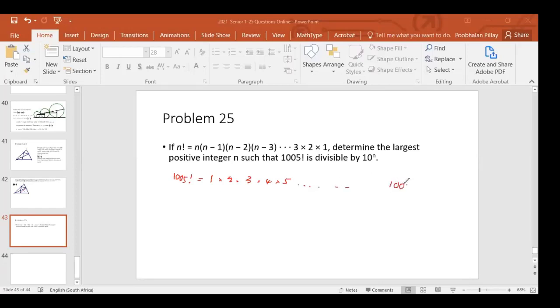This is a very, very large product. That's 1005 factorial. Now the question is, determine the largest positive integer n such that it is divisible by 10 to the power of n. So you want 10 to the power of n to go exactly into this monster.